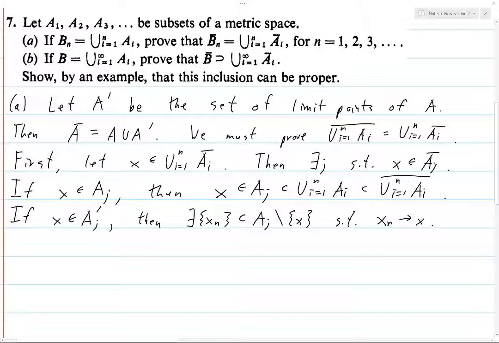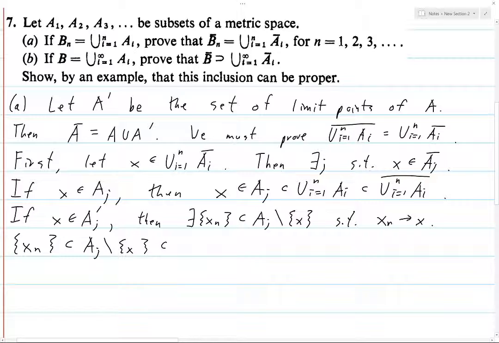That's what it means to be a limit point. Right. Okay. So now the sequence x_n is contained in A_j, and it's not x.